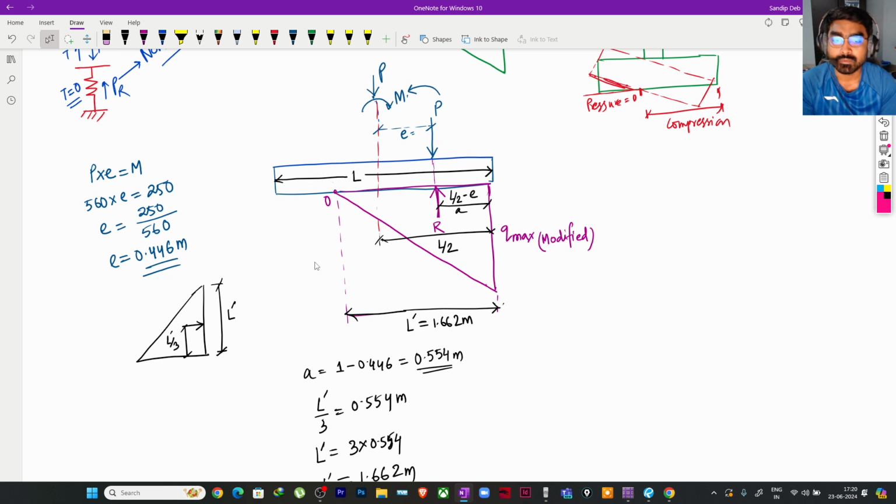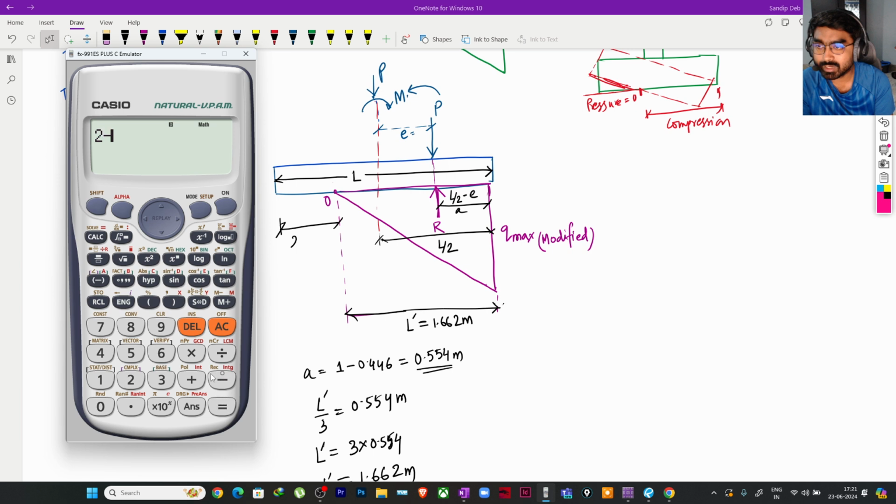This is the width of the foundation along this direction which is in contact with the soil, and the soil is providing reaction on this particular plane, because the other area is under uplift. So what is the uplifted width of this foundation along this direction? The uplifted width is nothing but 2 meter minus 1.662.